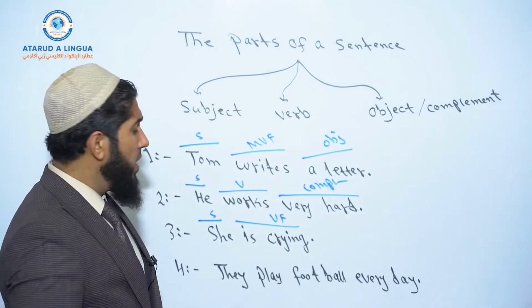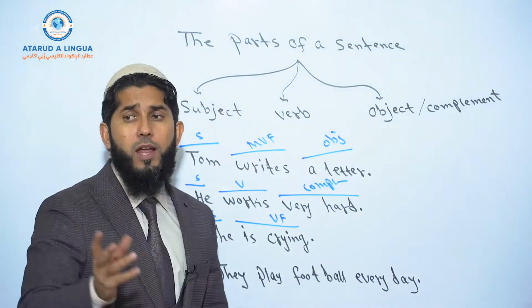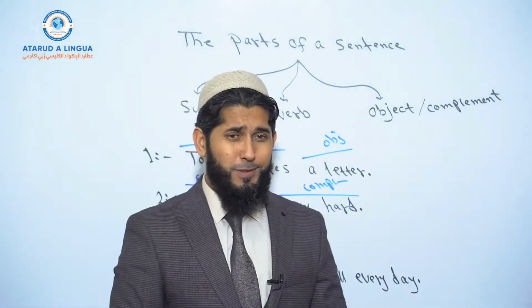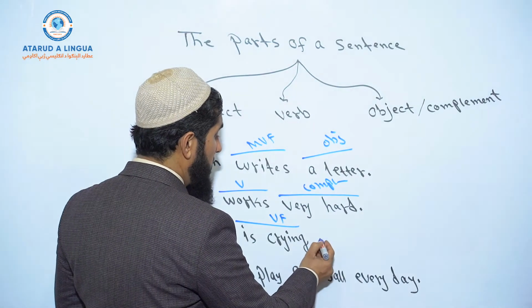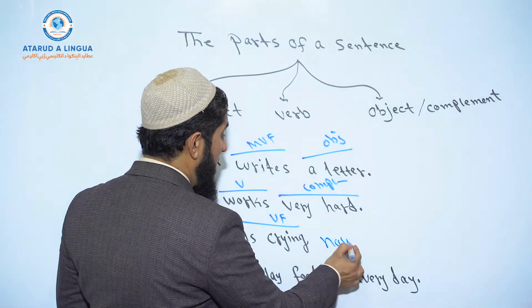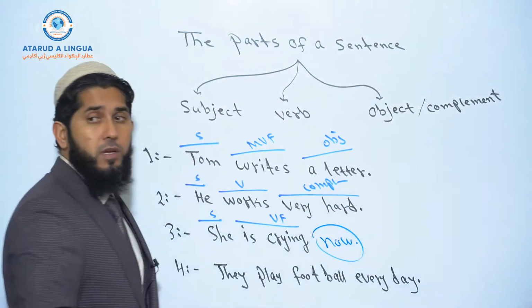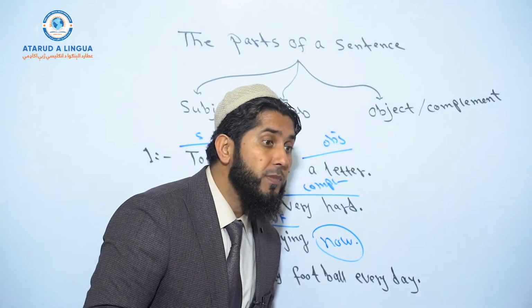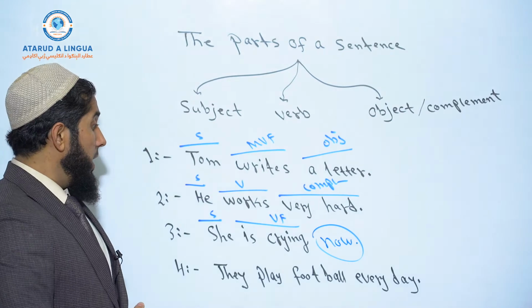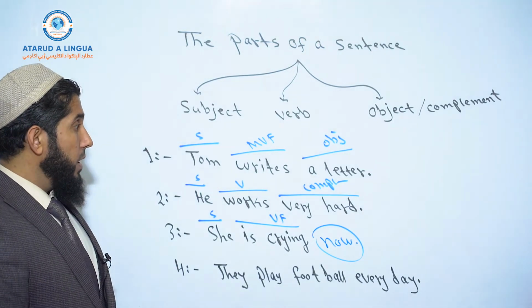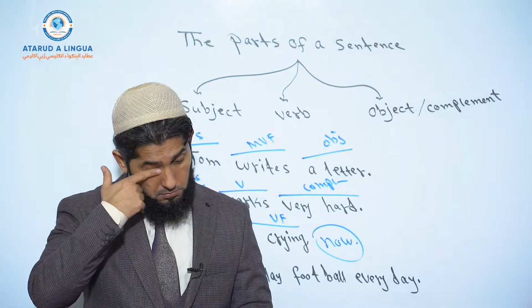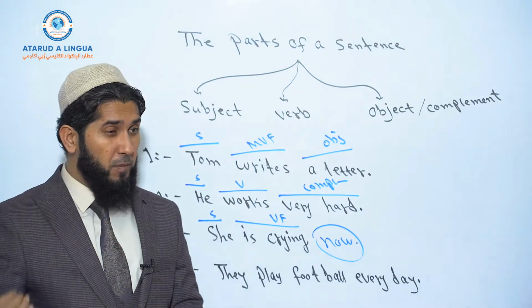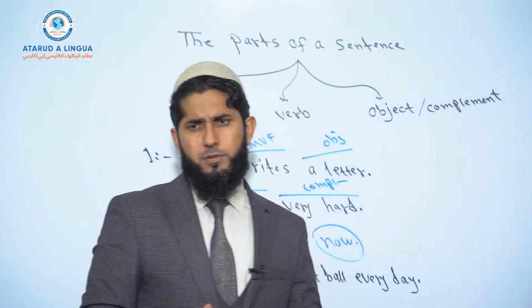"She's crying," right? But you may add something: "she's crying right now," a time expression. If you add the time expression, "she's crying now" or "she's crying right now," this will be a complement. Now look: an object could be called a complement, but a complement cannot be called an object.